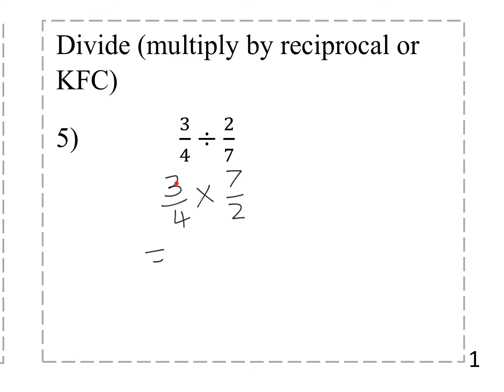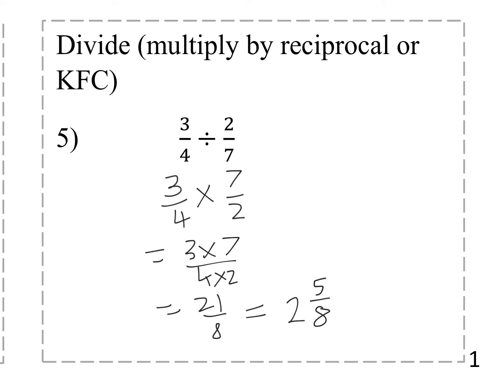There's no common factors in the numerator and denominator, so you simply multiply the numerators, multiply the denominators, and that gives you 21 over 8. As a mixed number then, 8 goes into 21 just twice. 8 2s are 16, and 5 left over, 5/8.